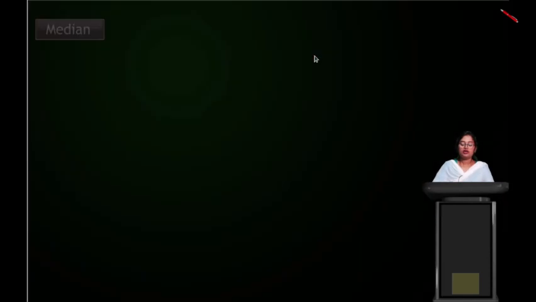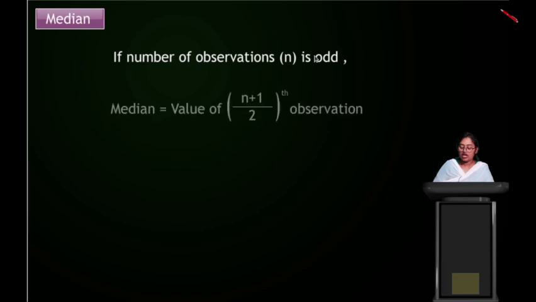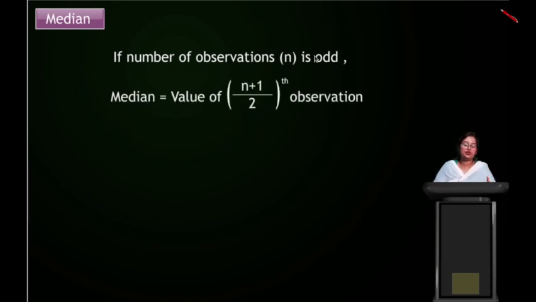So in general, if the number of observations is n and it is odd, then we have a formula: median is equal to the value of the (n plus 1) divided by 2th observation. That means we have to find out the value of the (n plus 1) by 2th observation. So what about an even number?